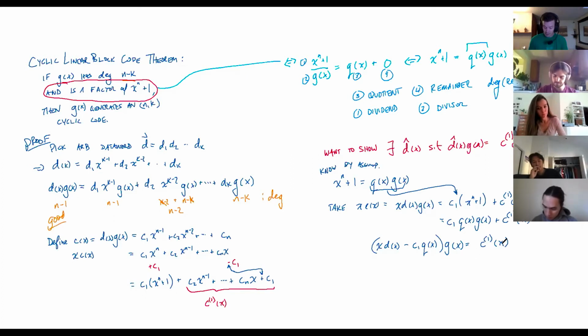Okay, so we've shown that g of x takes something and maps it to a code word. Is that thing a valid data word? Can we just slap a d hat on this big parentheses and call it a day?